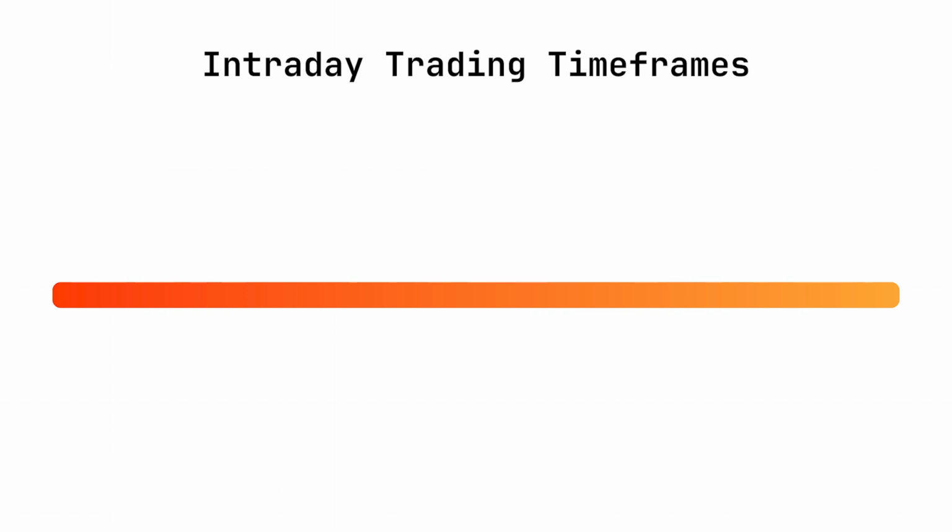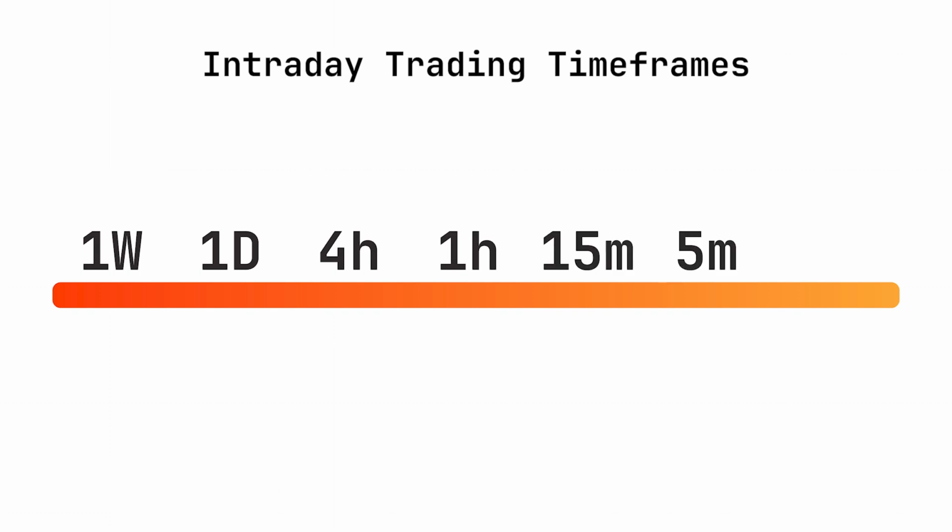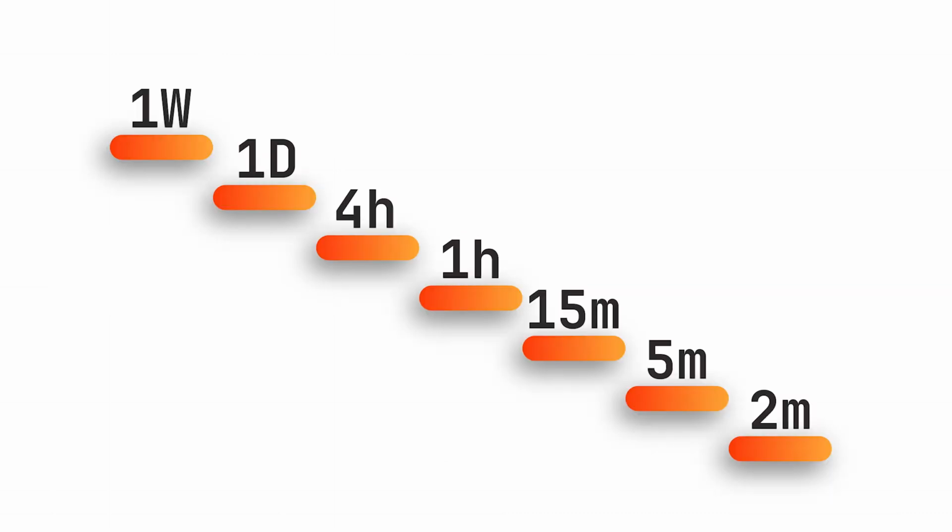The third aspect is time frames. Here, everything is very simple. In accordance with intraday trading, we use the most popular and widely available timeframes for everyone. These are 1 week, 1 day, 4 hours, 1 hour, 15 minutes, 5 minutes, and very rarely 2 minutes. All these time intervals can be arranged in an order that resembles a staircase.